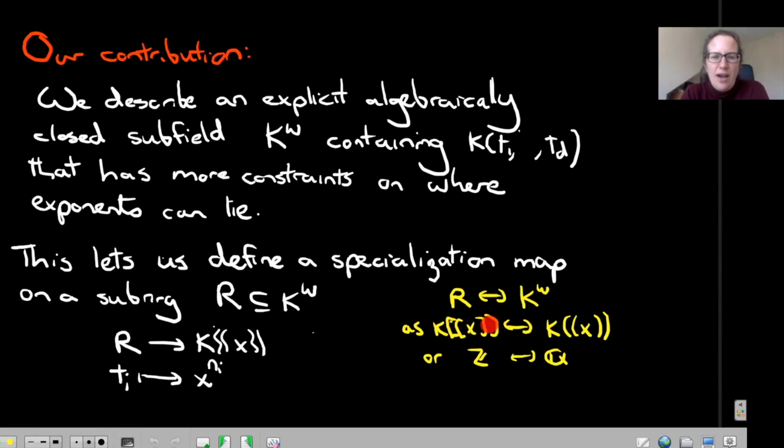So it's loosely like the power series inside the Laurent series, or the integers inside Q. And on that ring, there will be a well-defined specialization map. We'll send Ti to x to the ni. Okay, and that's going to be like intersecting with a subtorus.